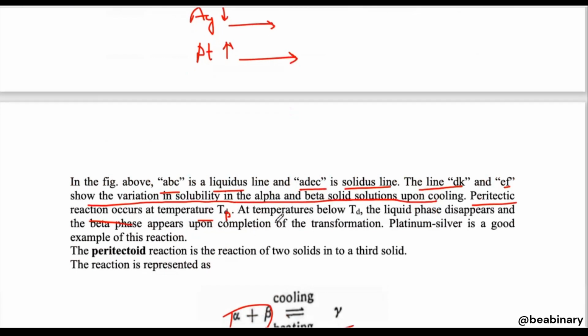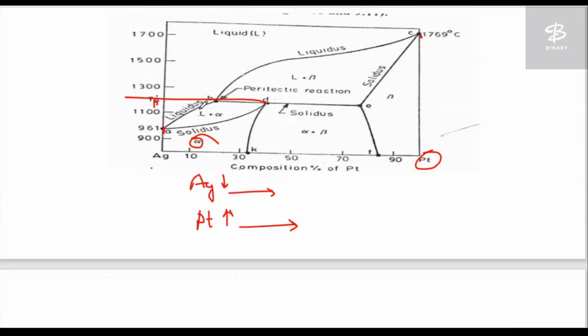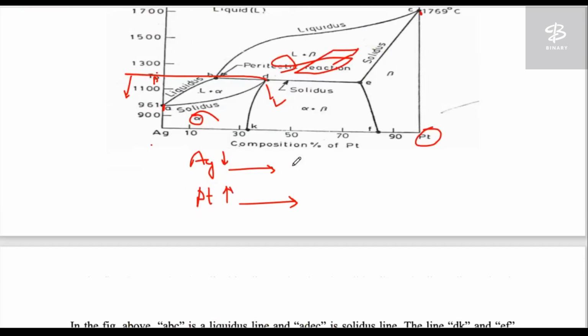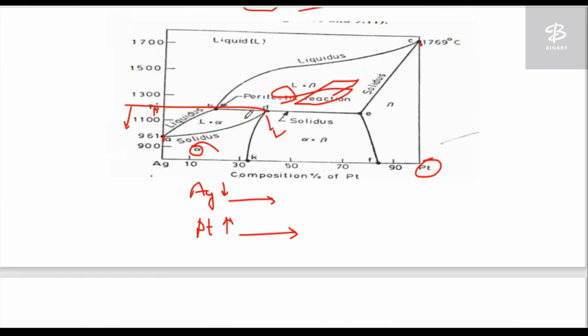So at temperatures below Tp, the liquid phase disappears and the beta phase appears upon completion of the transformation. As you can see here, as soon as we move below this temperature Tp, we have that solid. This is the liquid region. Liquid plus solid disappear and only solid appears.